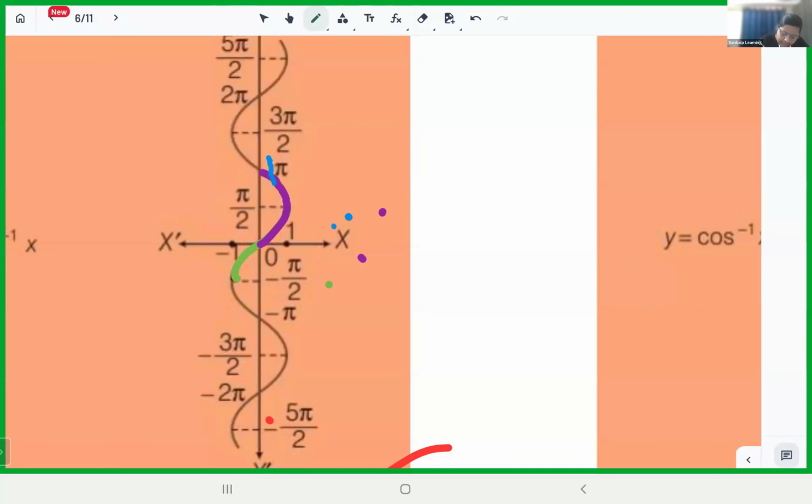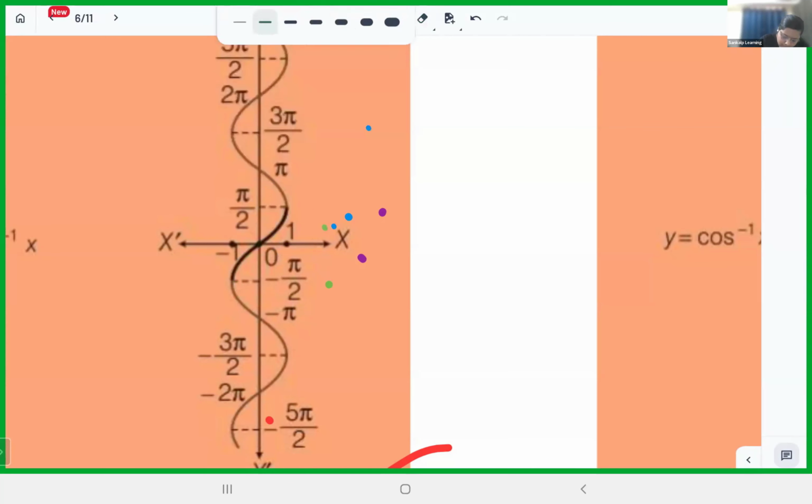If I draw a horizontal line like this, look at that graph. What is happening? It is touching at more than 1 point, which means it has more than one image, so it is not 1-1 and not invertible in that particular interval. So we cannot take that interval, because in that interval the inverse function does not exist.